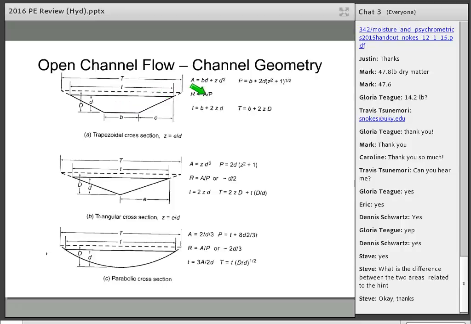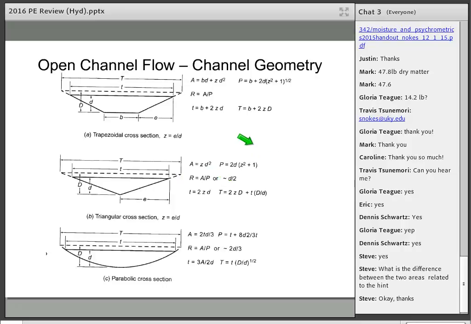So area divided by wetted perimeter. If you've got a nice shape that has no fixed bottom like the trapezoidal does, you end up with a hydraulic radius that is a straight function of depth.